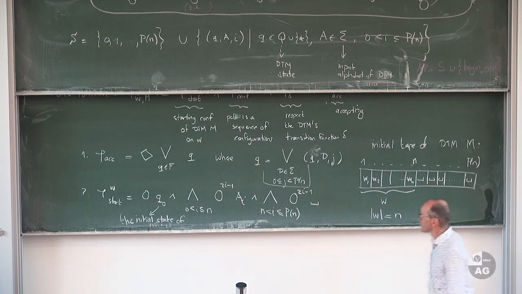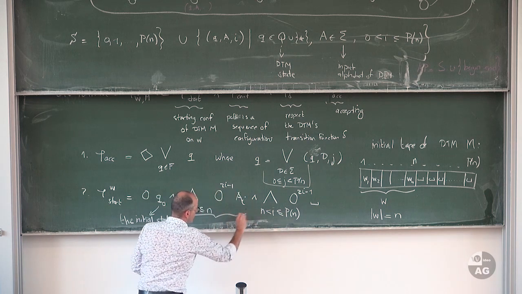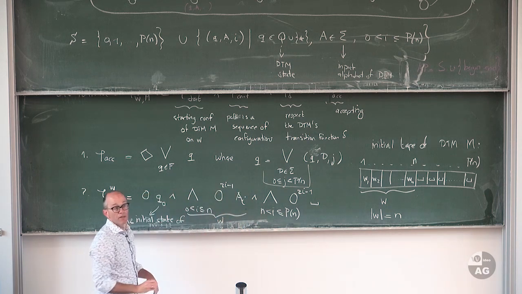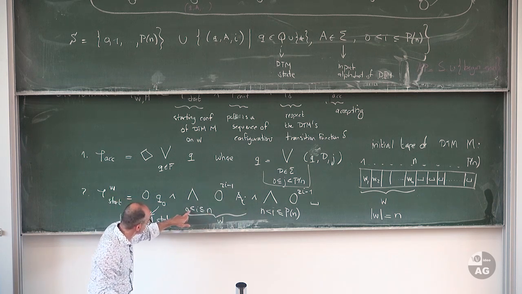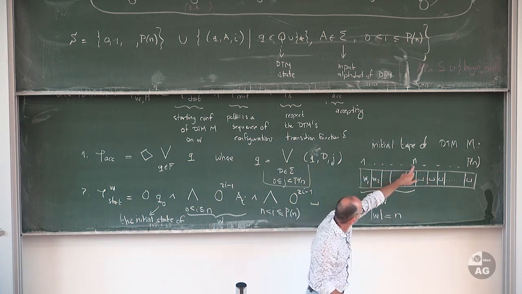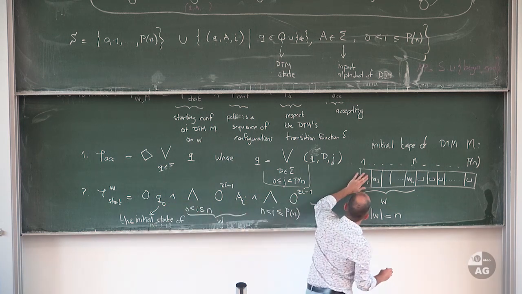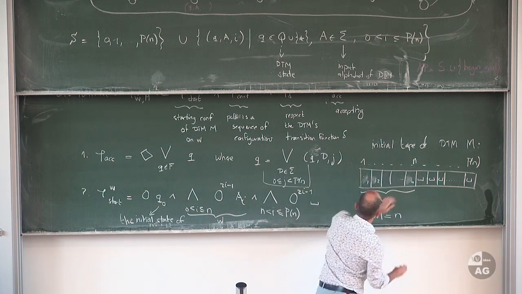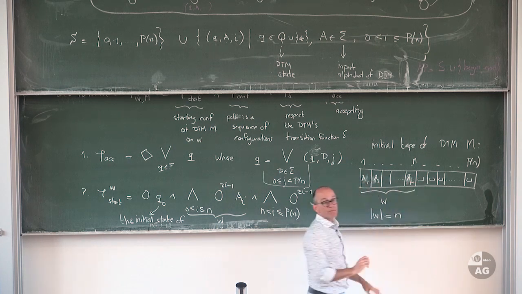Good. How do I model this? First, I have W, so this means W is on the tape. I do this from 1 up to n. So from position 1 to n, this is going to tell you that Ai is there. Actually I should not have written W there. I should have written A1, A2, An.